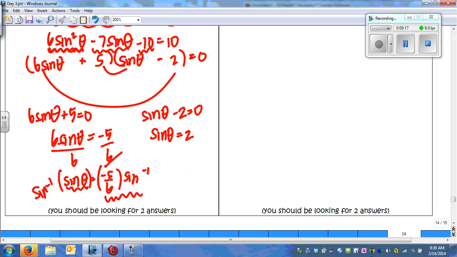That negative sign only tells us where these angles are going to live. Sine values that are negative live in quadrants 3 and 4. We just want to know the reference angle that has a sine of 5/6. So I repeat, when you type inverse sine in your calculator, never include any negative signs that are there. Only use the positive version.